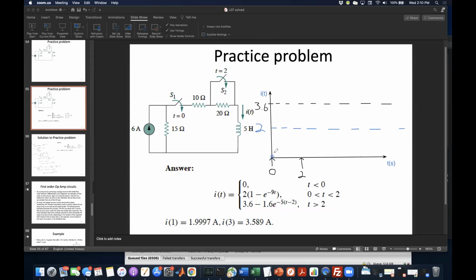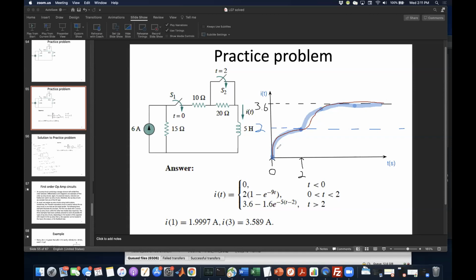So basically the curve will look something like this. It will exponentially rise here, and then when that second switch flips, it will exponentially ascend up to here. So we really have this, and it would actually look like an S shape. Let me try to draw it in red with a little better fidelity. It's going to ascend up to 2, and then it's going to keep going after 2.